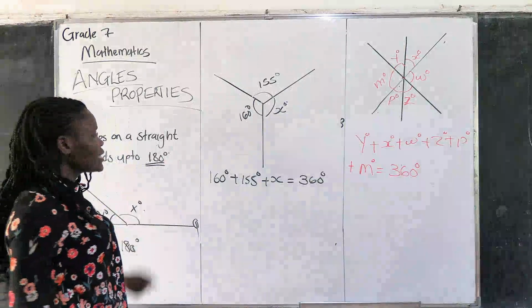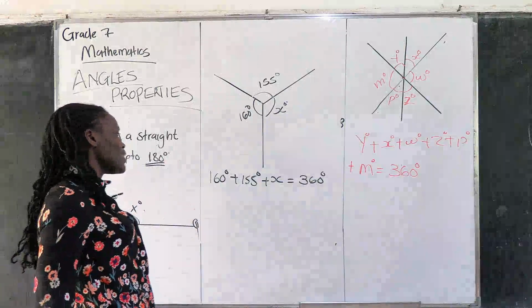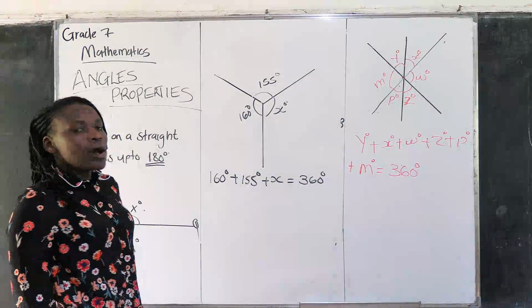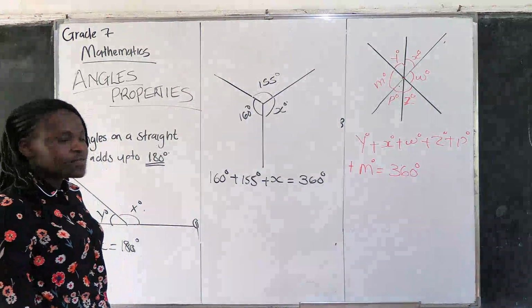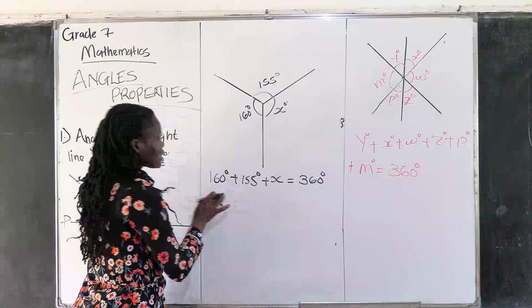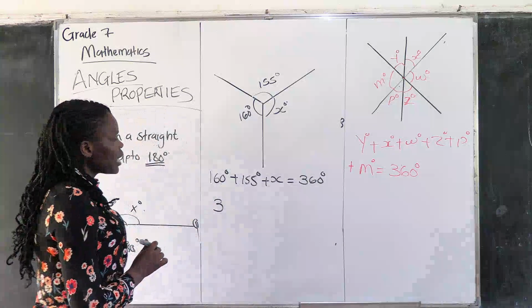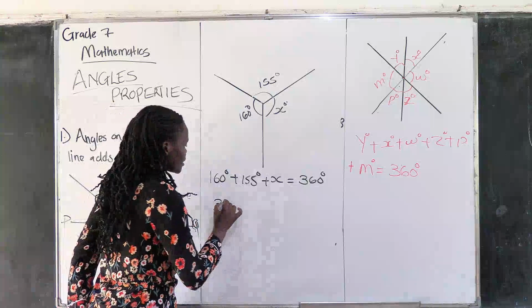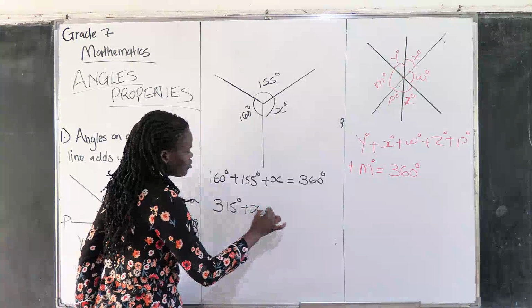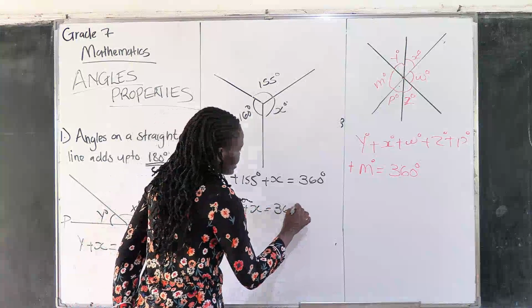So let's add 160 plus 155. That one will give me 315 degrees plus x is equal to 360 degrees.